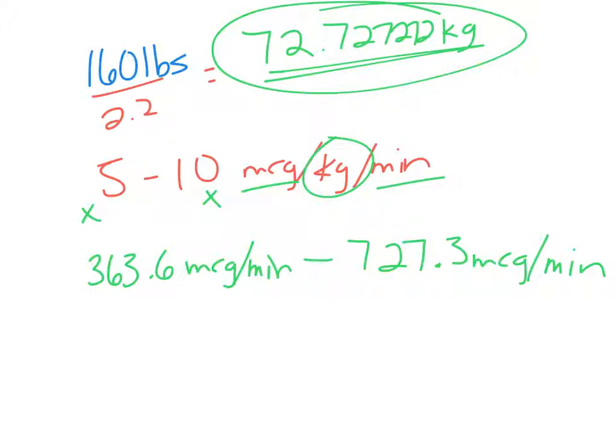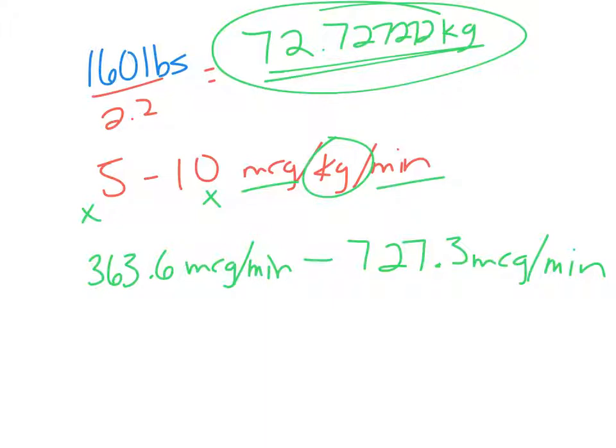Okay. So what that means, so we've done the first step, that this is what the patient needs on both ranges. What we'll end up doing on this one is we end up kind of doing what we've been doing, but twice, because we're doing it on the low end to see the low end of the range and then on the high end. So what we're going to see here is this is what our patient needs in terms of micrograms per minute.